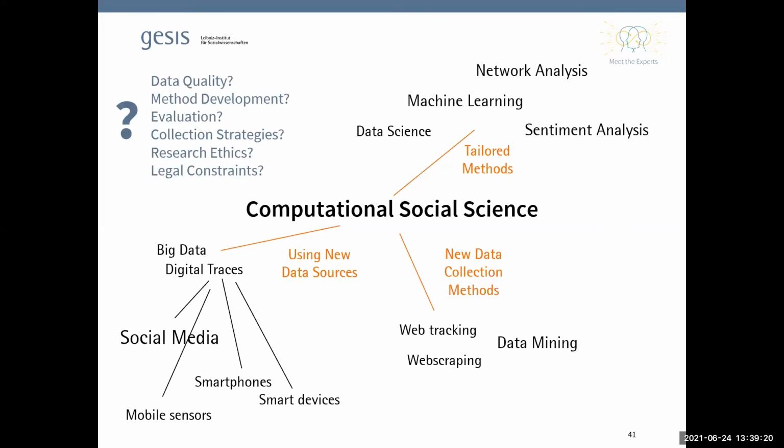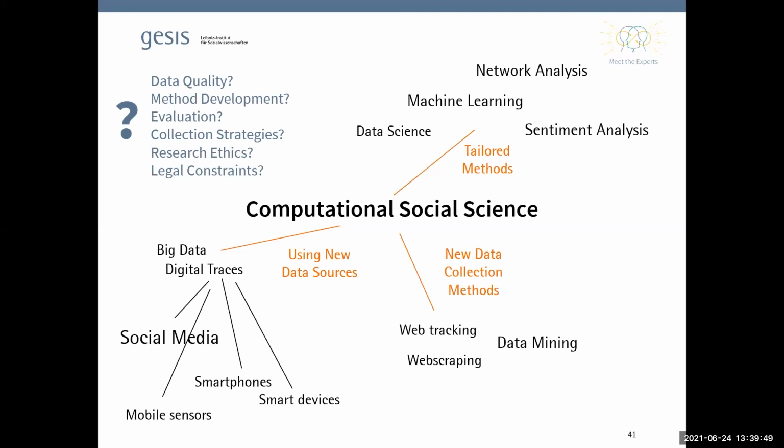As I said, I can't go into all these details today. I also cannot go into all the question marks that may already have arisen while you were listening to this talk, and that of course affect all these things to different degrees. That is questions about data quality. If you use data that has not been created for research purposes, there's always a question of how good the data is and how valid is whatever we will do with it.